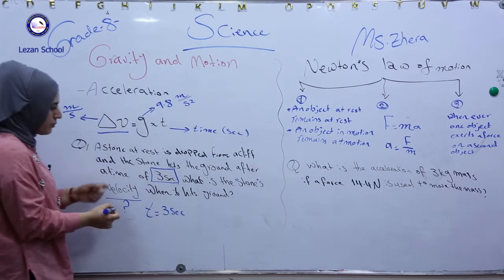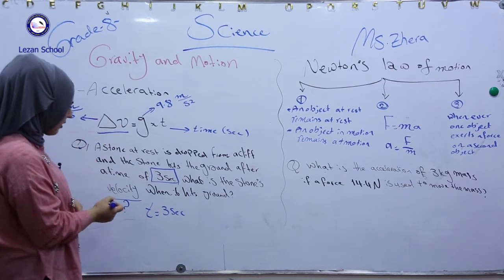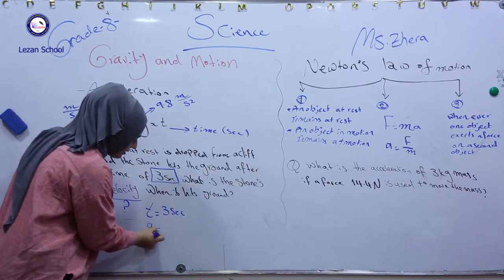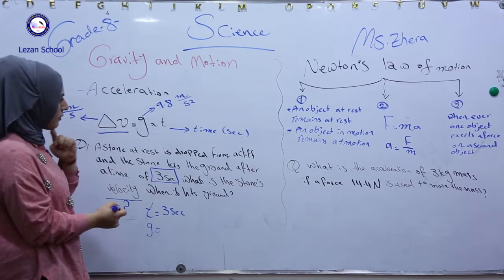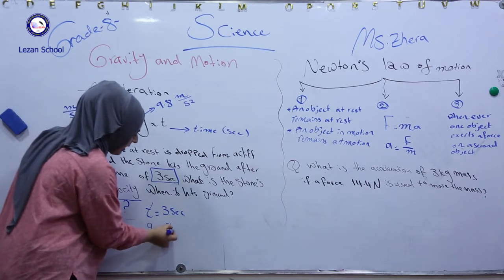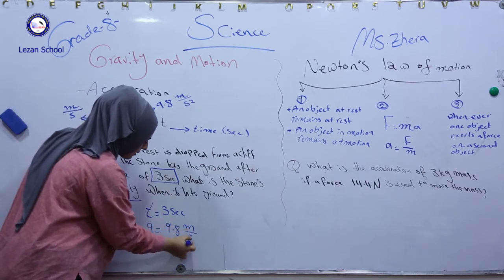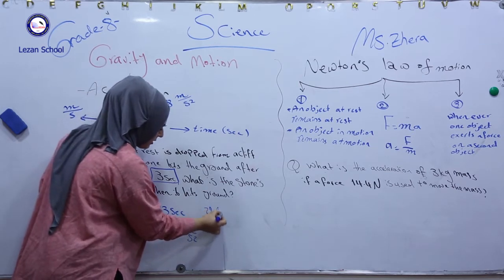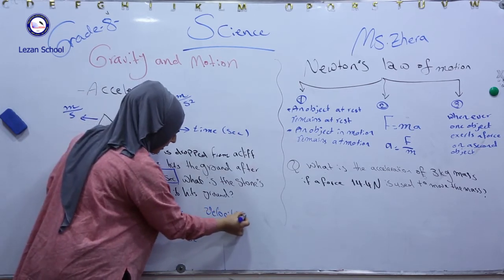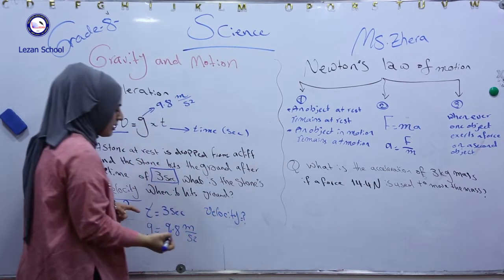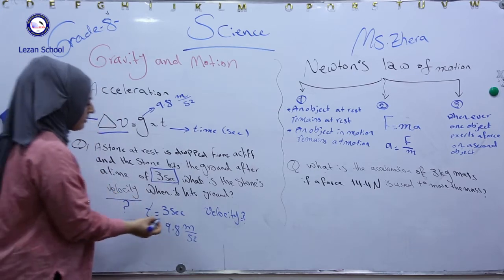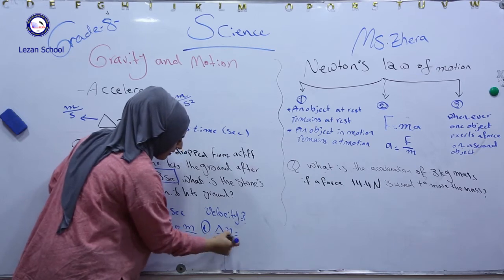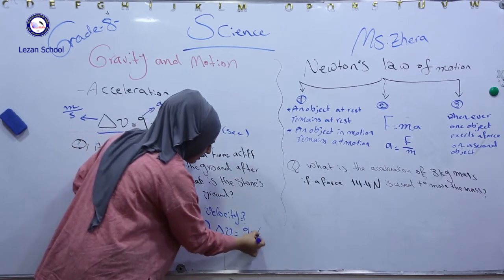And after that we have g, the constant gravitational acceleration, 9.8 meters per second squared. What do we need? We need the velocity, which is unknown and has to be found. So write down the rule. The first step: write down the rule of velocity, delta V equals g times t.